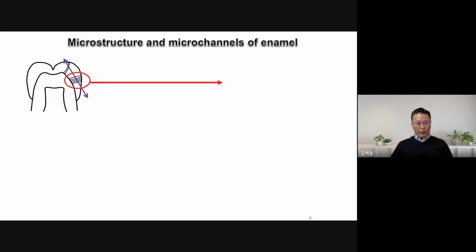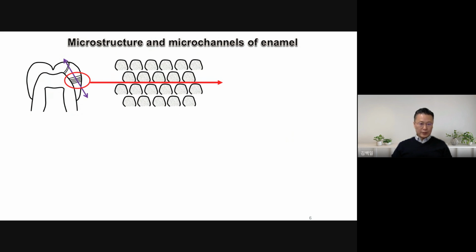To understand the progression of the dental caries, we must understand the microstructural characteristic of enamel. First, enamel is not a completely homogeneous structure like glass, but rather an aggregate of microcrystals. Especially, enamel is formed when the proteins secreted by ameloblasts are converted into the crystalline structure called hydroxyapatite.